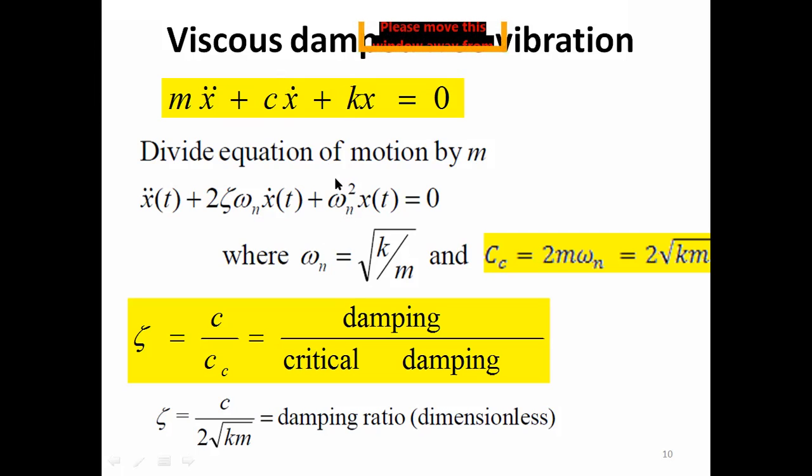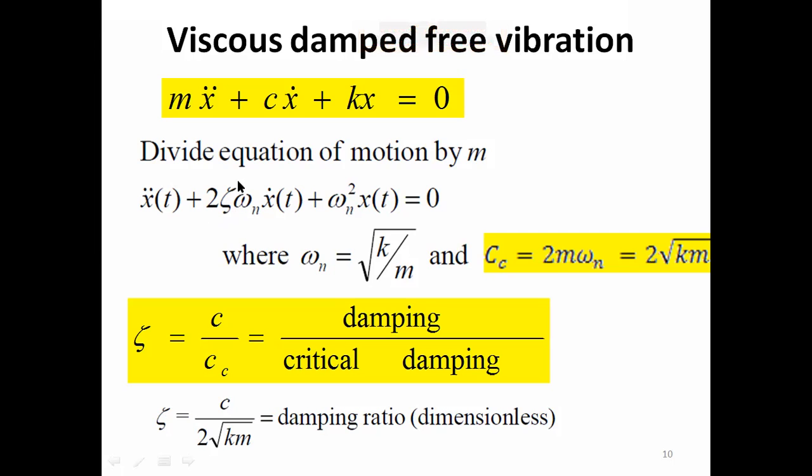So from these quantities, we could find the omega n, the undamped circular natural frequency, and here we could find out zeta, the damping ratio for the system.